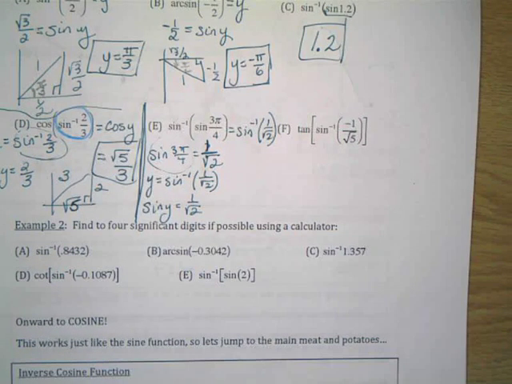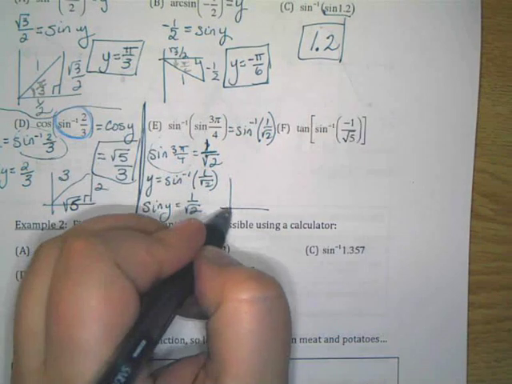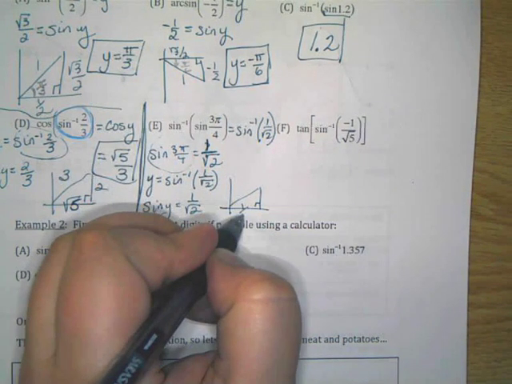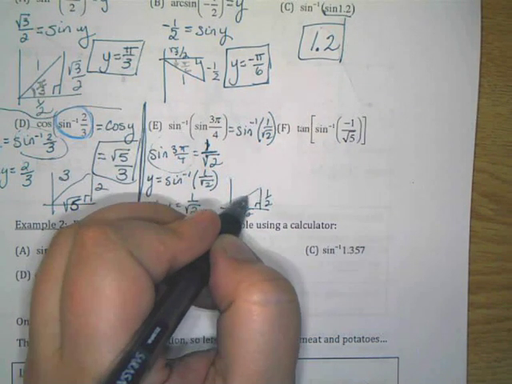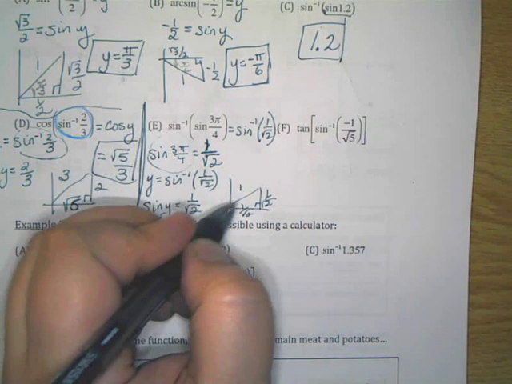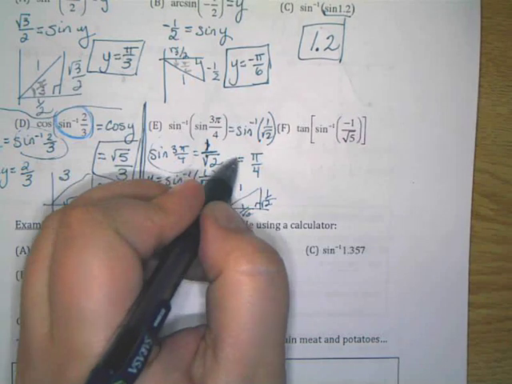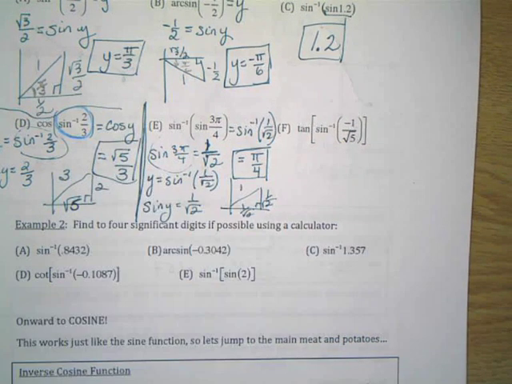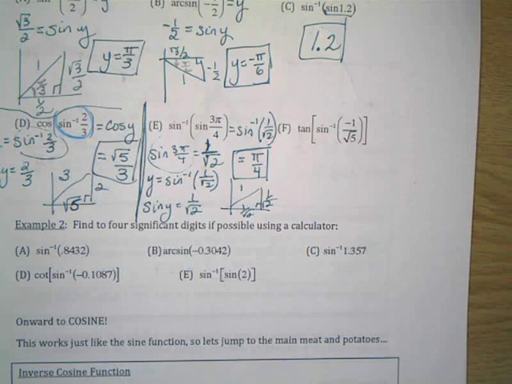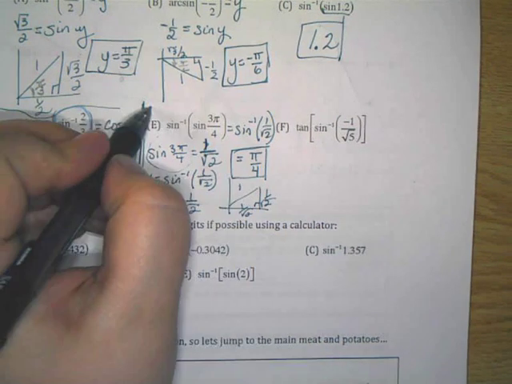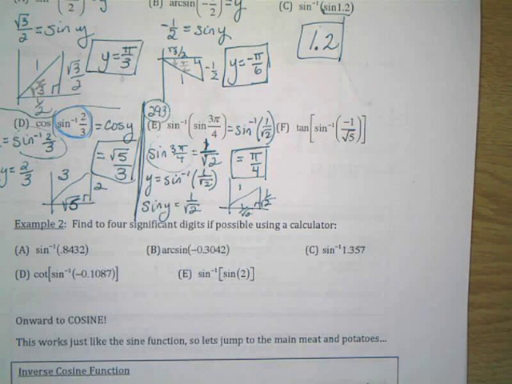Well, 1 over square root of 2 has got to be in the first quadrant. It's the same special. And so our angle is pi over 4. That one's a little bit trickier. If you get a little bit stuck on this one, on page 293 is where you'll find that.